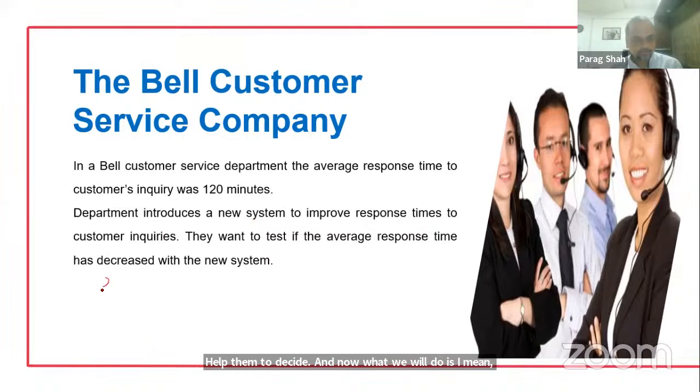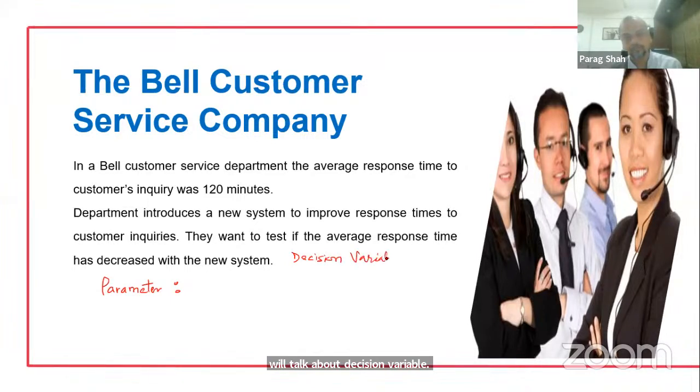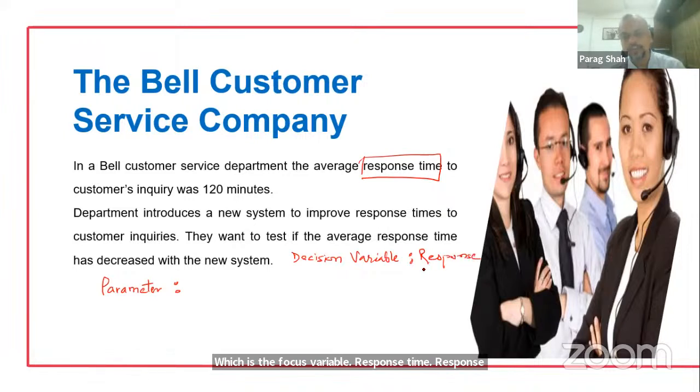Before the parameter, I will talk about the decision variable or the focus variable. Which is the focus variable? Response time. Response time is my focus variable or decision variable.